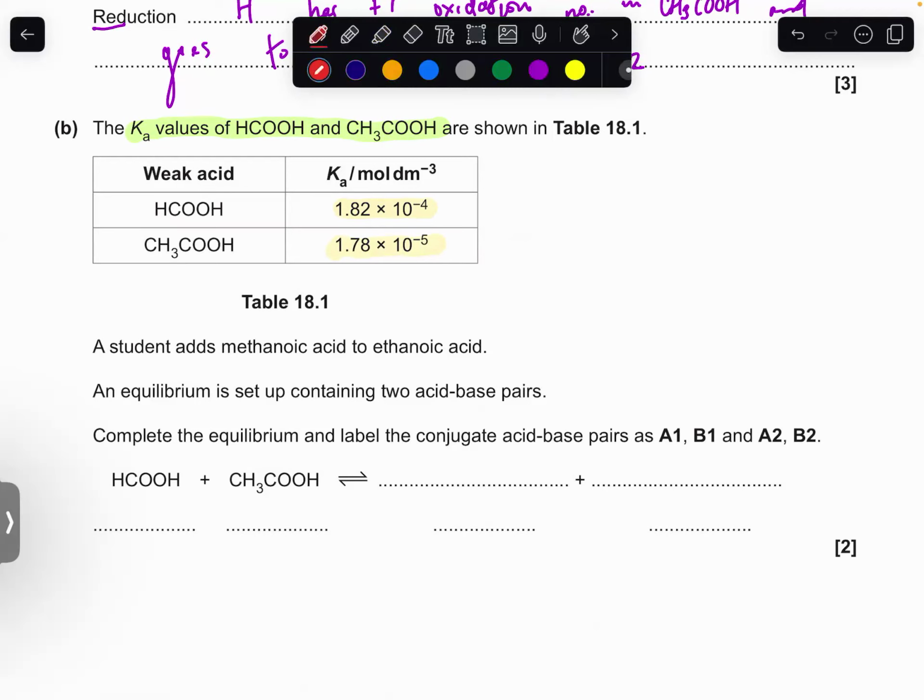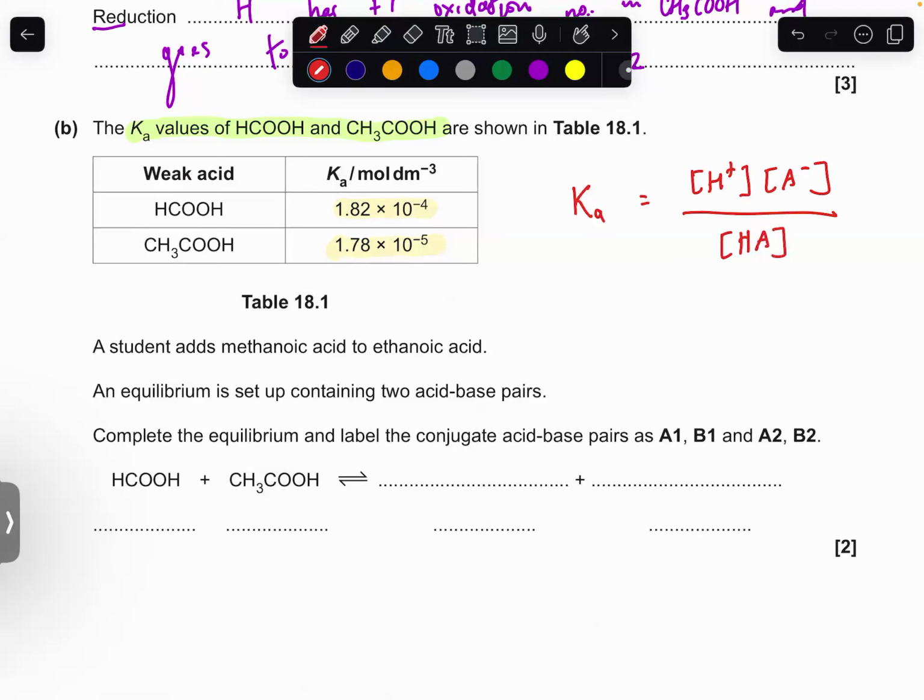It's a good question. You see Ka is equal to H plus and the remainder of the acid, negative ion, over HA, that's the weak acid.